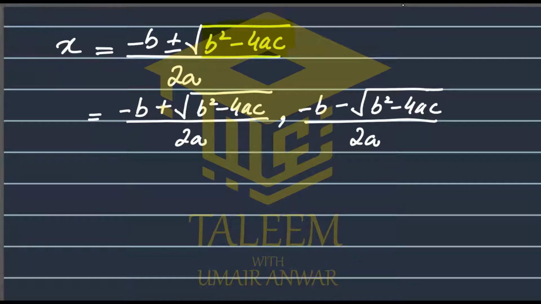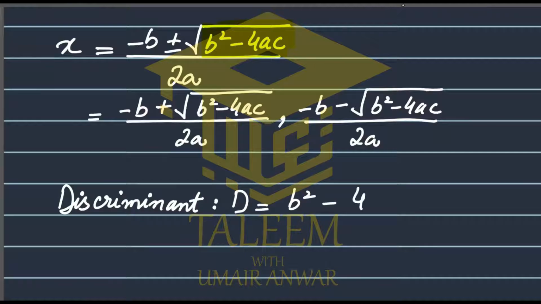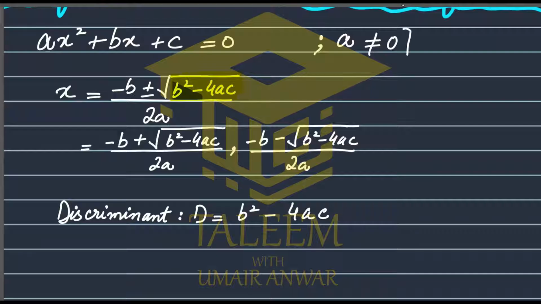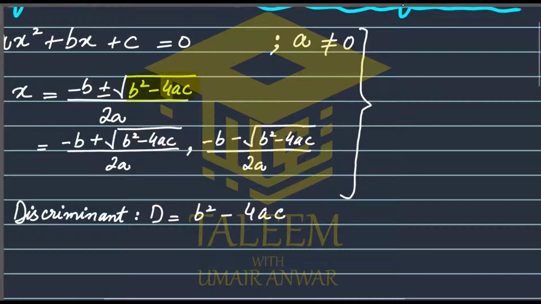So this part which is written in the square root is called the discriminant. Discriminant is represented by capital D and it is equal to b square minus 4ac. When we solve this standard quadratic equation, we can get three types of roots.